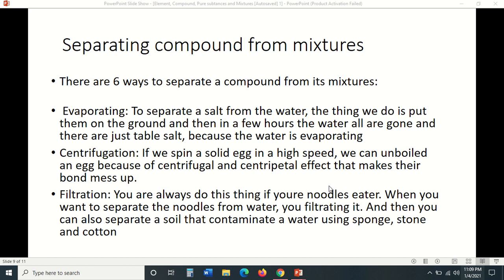It will become clear again because the residue, the soil, will be left behind and cannot get through the pores of the sponge, stone, and cotton. So just water can get through it. It will leave a residue behind and filter the water.